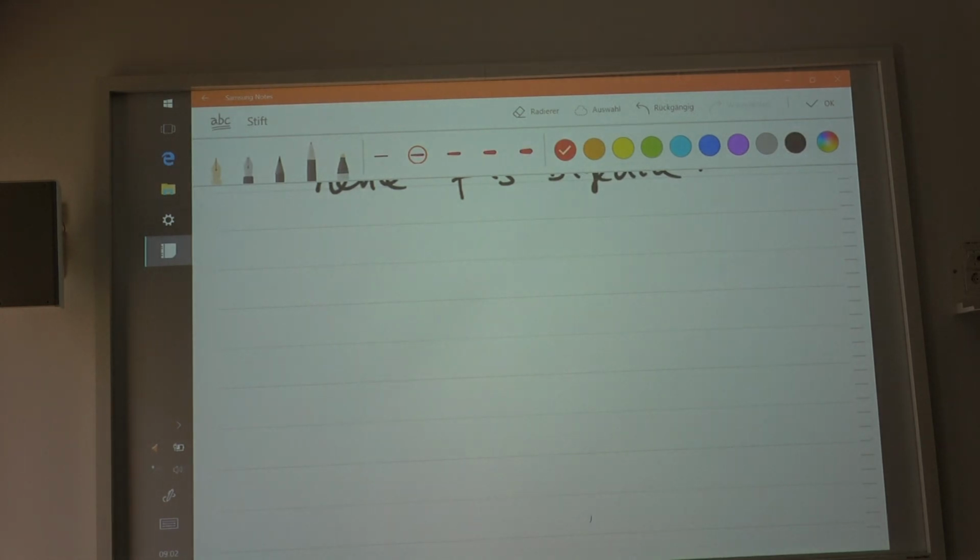Now, why is that so important, guys? It's important because a function is invertible if and only if it is bijective. Okay, so I can give you this as a remark.